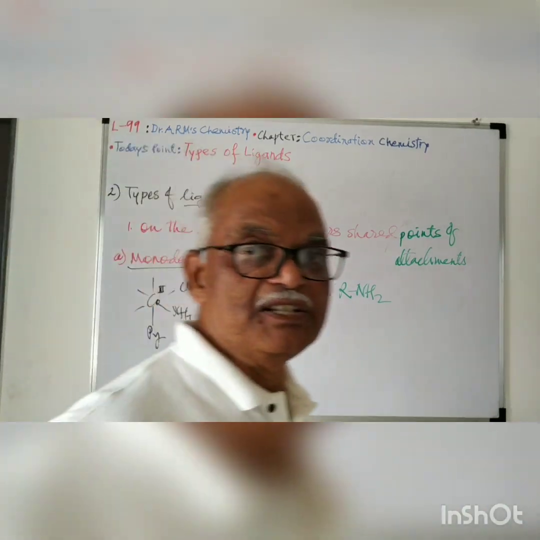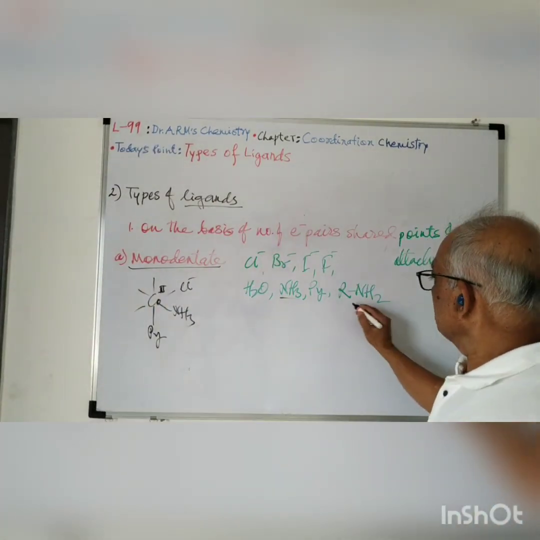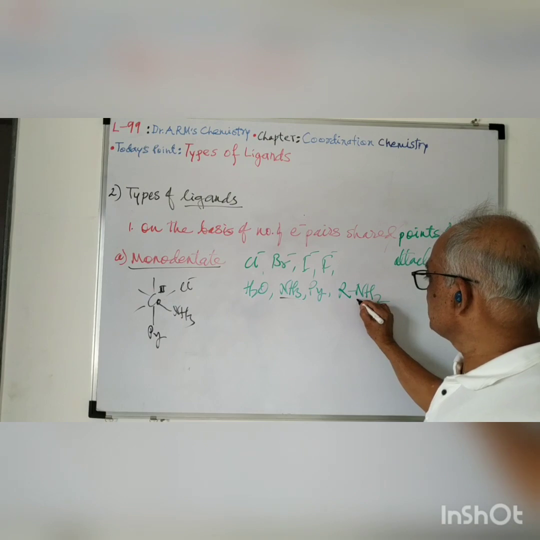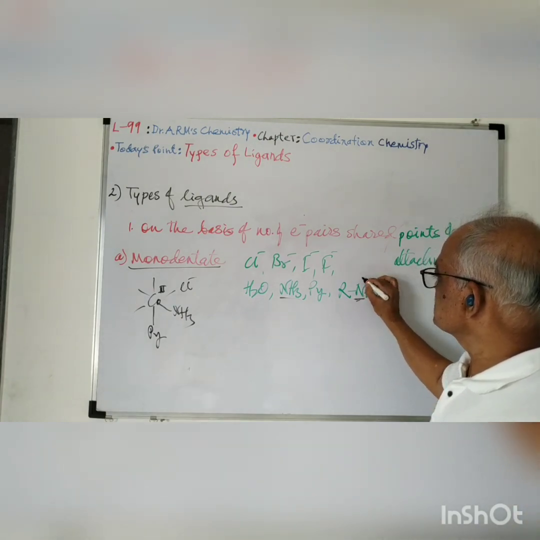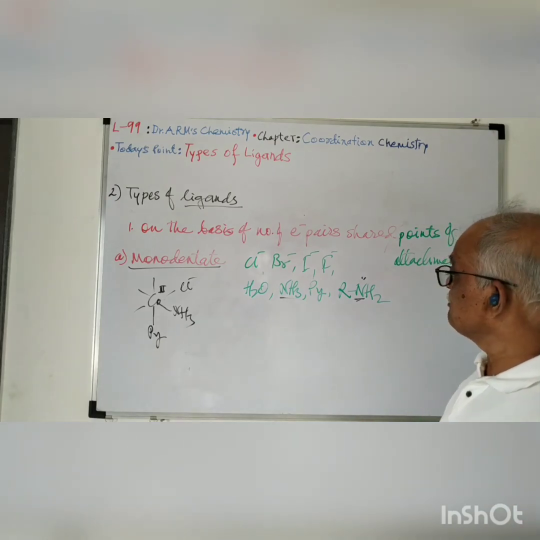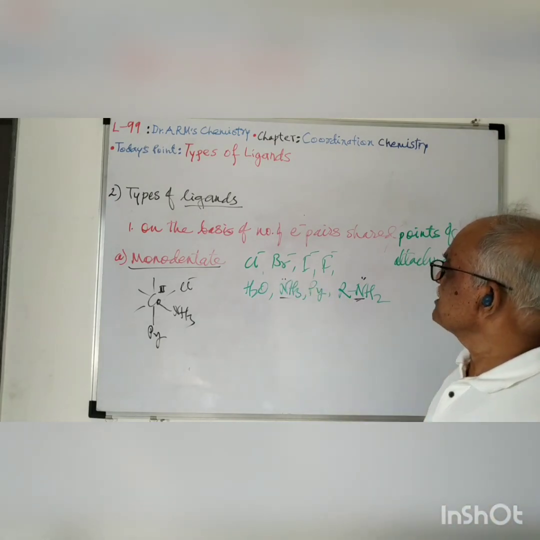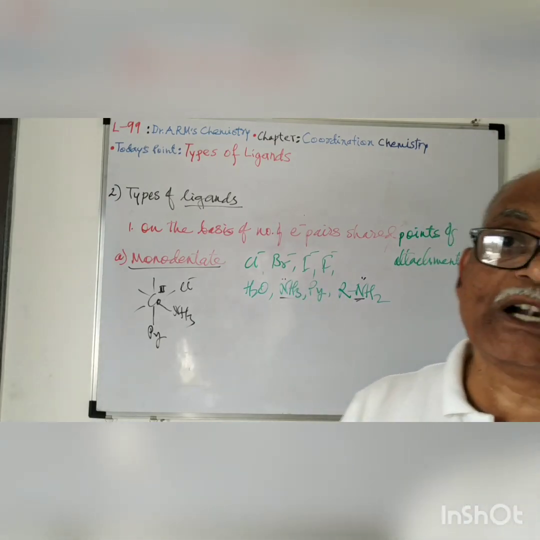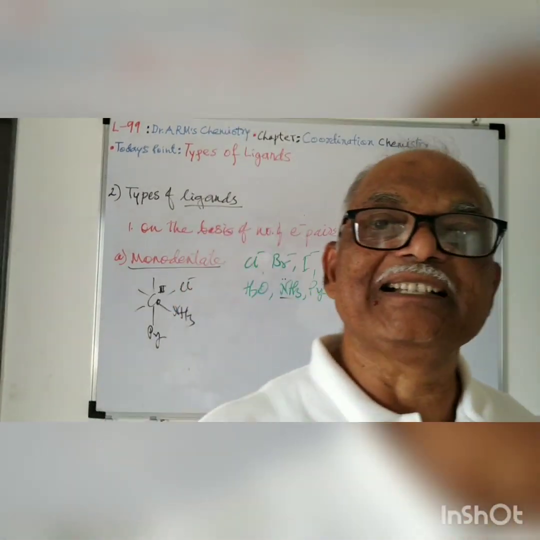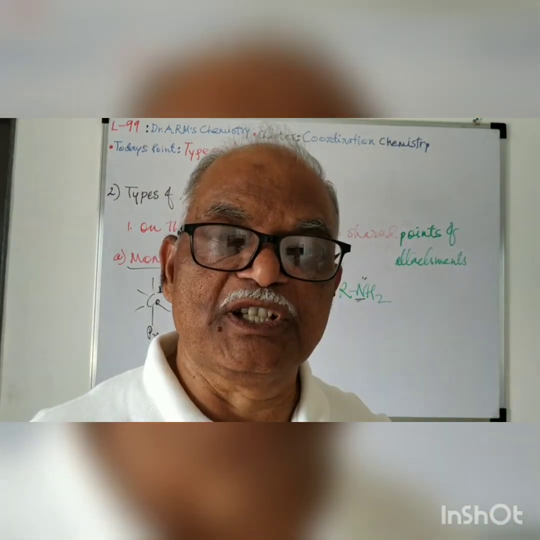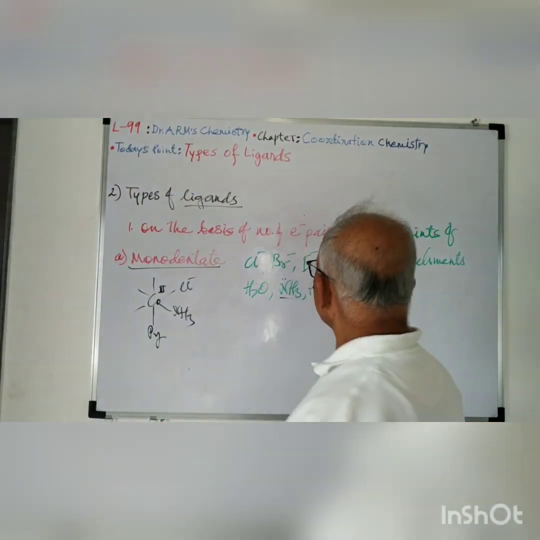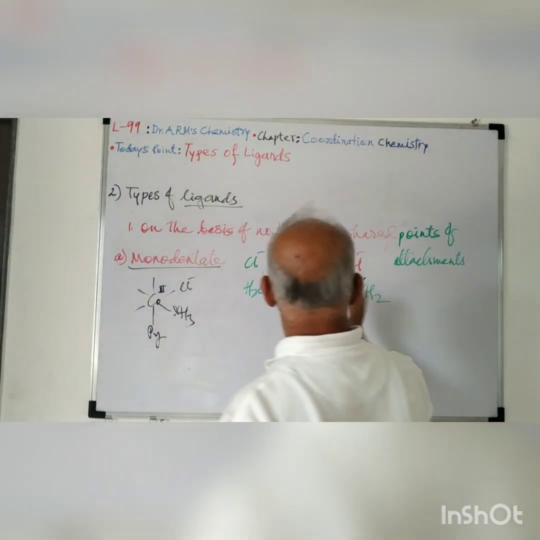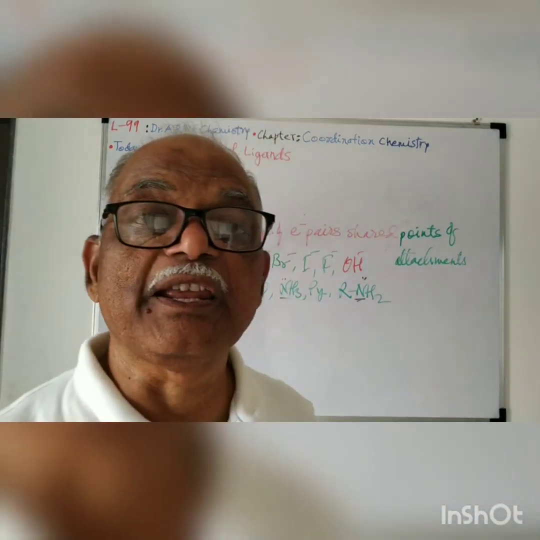Here the structure is like this, but the point of attachment or donor atom is nitrogen. It has one lone pair. Similarly, this nitrogen also has one lone pair. So the donor atom here is nitrogen, or if it is water, or if it is OH minus, the donor atom is oxygen.